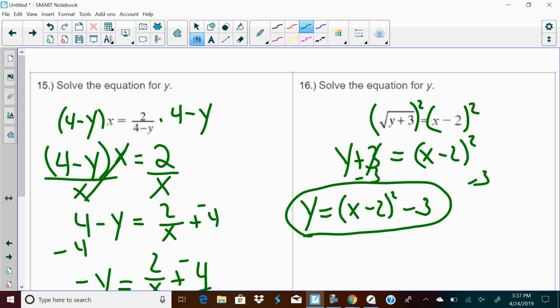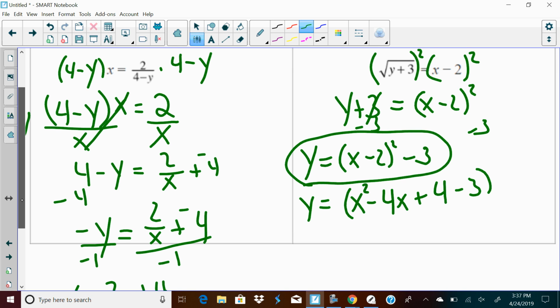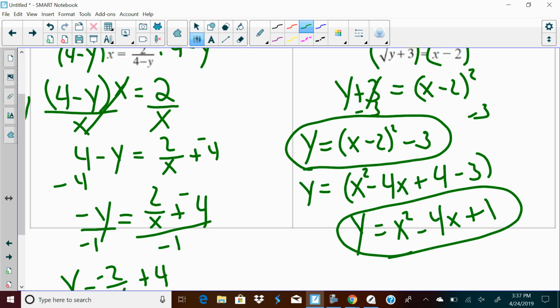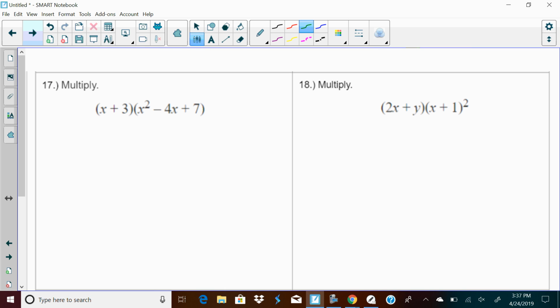So this is one answer. Or I could have said y equals x squared, negative 4x plus 4 minus 3. So I would have gotten y equals x squared minus 4x plus 1. So this would be an answer too. So both of those are correct.